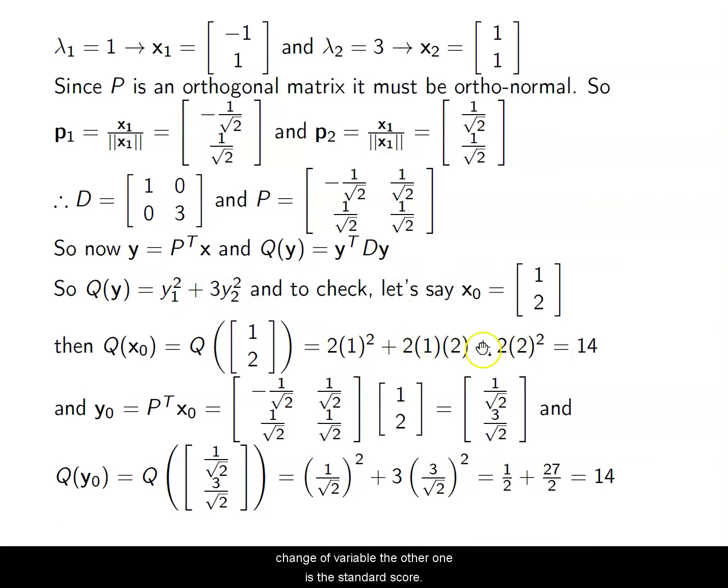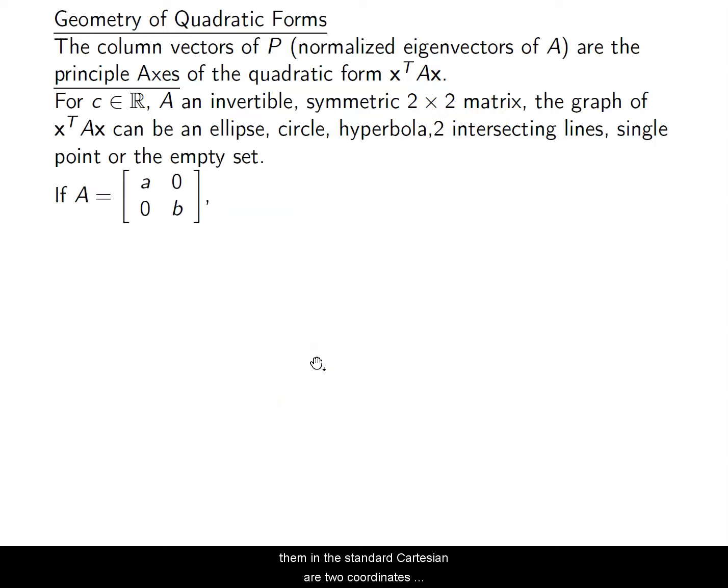If we're talking about a 3 by 3 matrix, we're going to be graphing 3-dimensional figures: a saddle, a cone, a hyperbolic plane, something in 3 dimensions. So 2 by 2s are easy because we're graphing them in the standard Cartesian R2 coordinates.